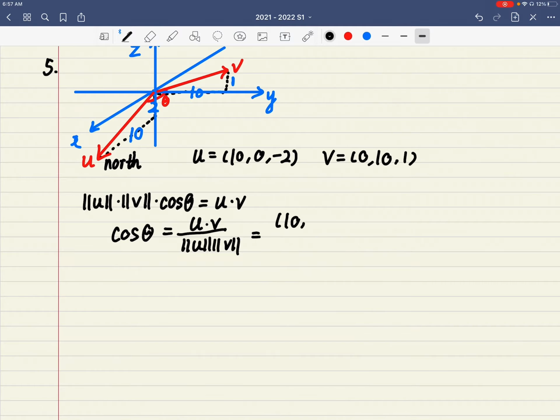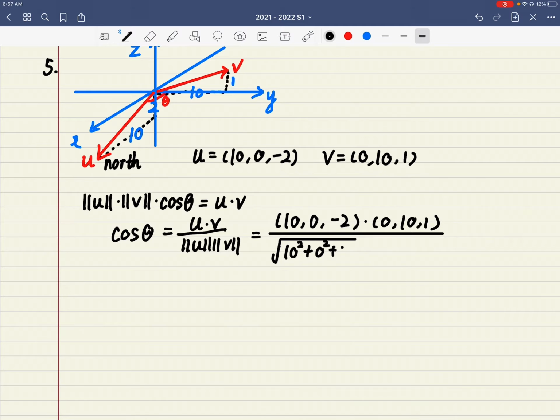It's (10, 0, -2) dot (0, 10, 1) over length of u times length of v.